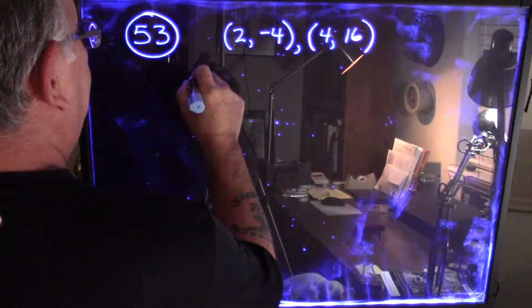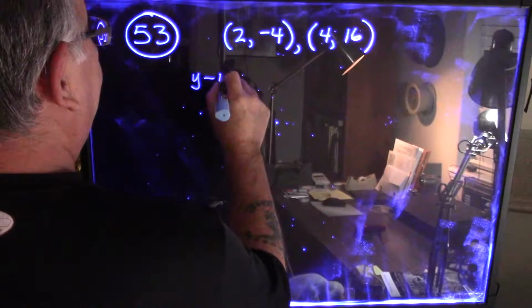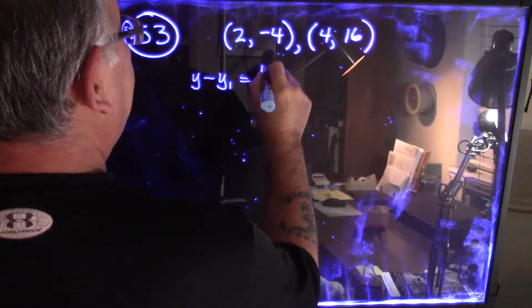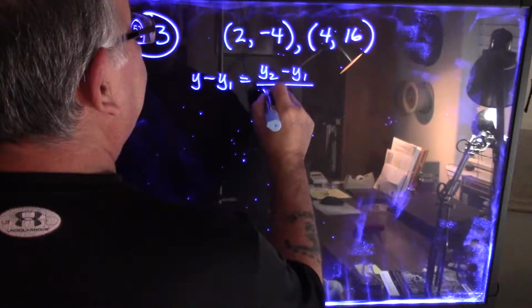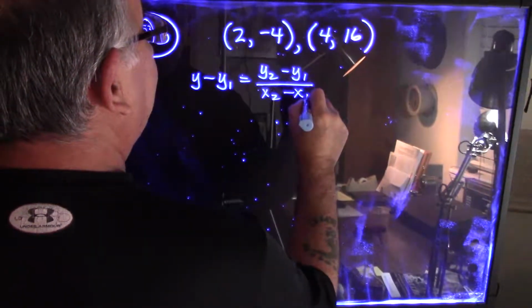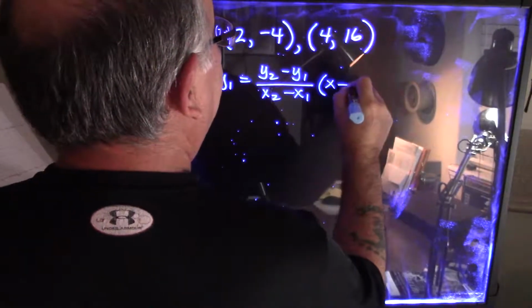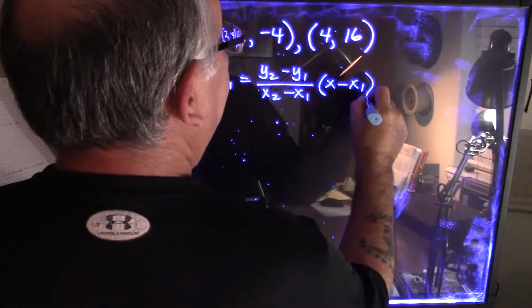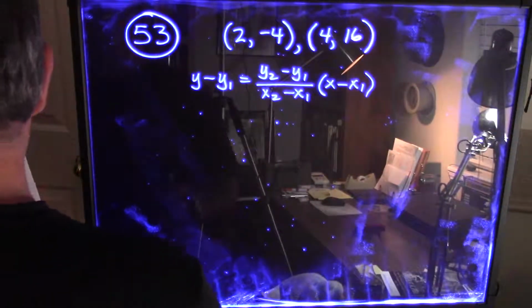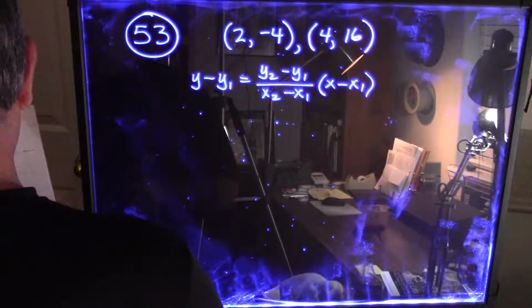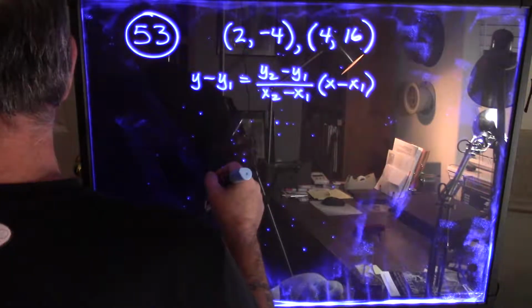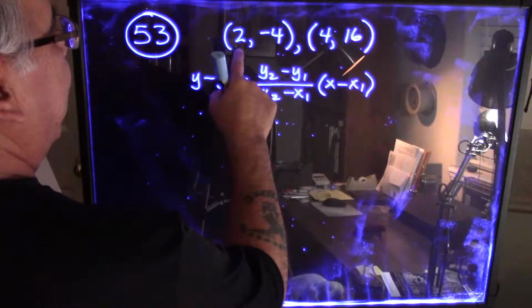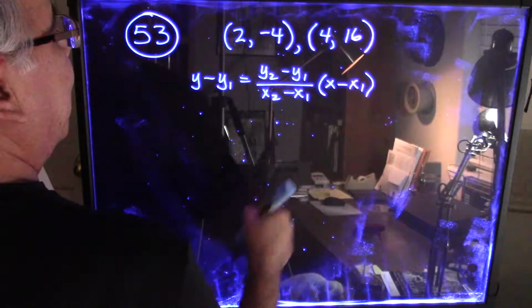So we'll use the 2-point equation for a line: y minus y1 equals y2 minus y1 over x2 minus x1 times the quantity x minus x1. Are you getting tired of me saying that? If you've been watching all along, maybe you are, but that'll help you to memorize it. So we'll call that x1, y1 and x2, y2.